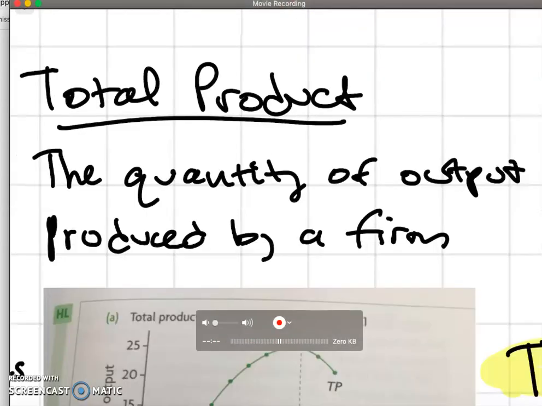So at the most basic level, it stands to reason that if we increase our inputs, then we should get more output. The more ingredients we use, the more final product we would expect to see. That's what our total product curve is going to represent, at least initially. Our total product is the quantity of output that is simply produced by a firm when it combines its resources, its factors of production.